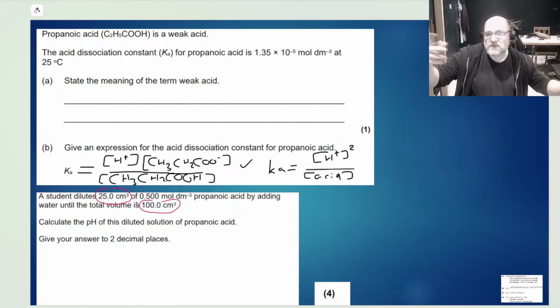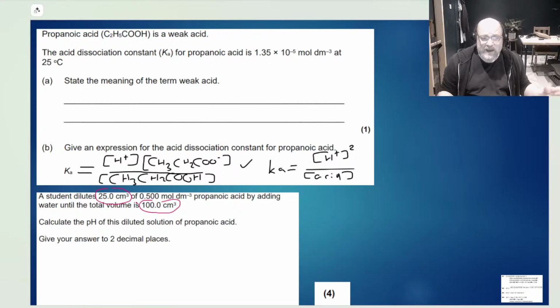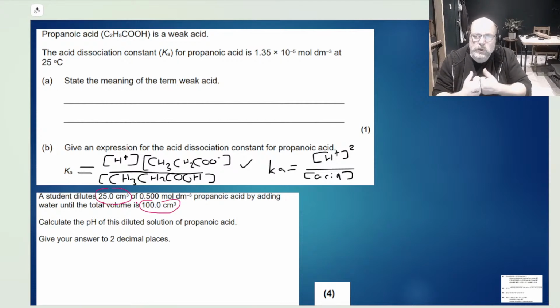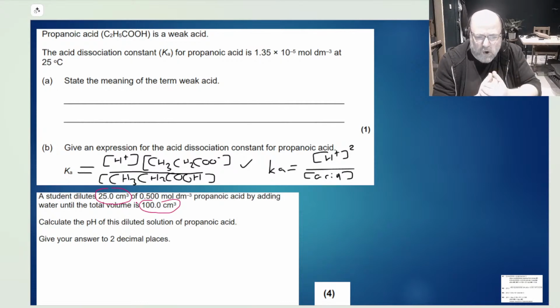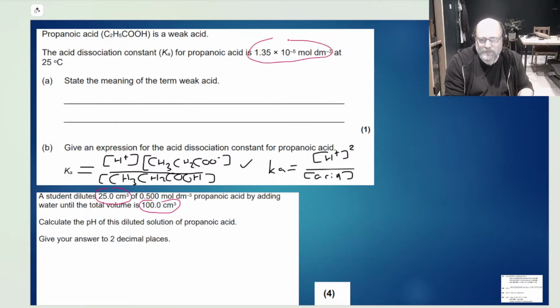You can use N over CV and prove how much they've diluted it that way. What's the new concentration of the propanoic acid? Before you can work this out, you need the new concentration of the propanoic acid. And then once you have that, they're giving us the Ka up here. We're going to use this Ka here.